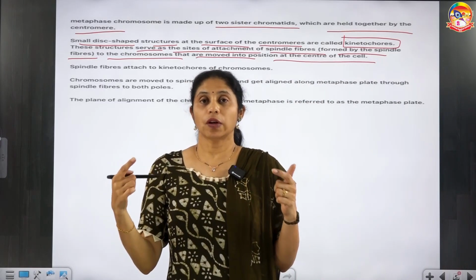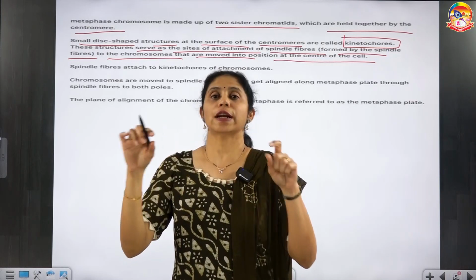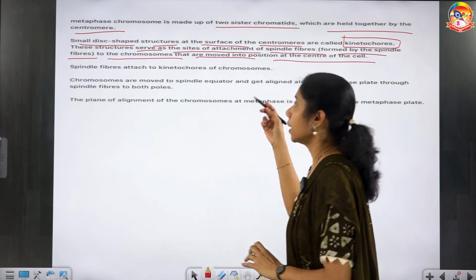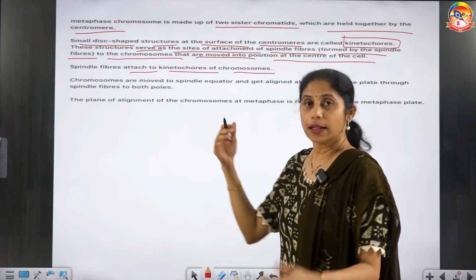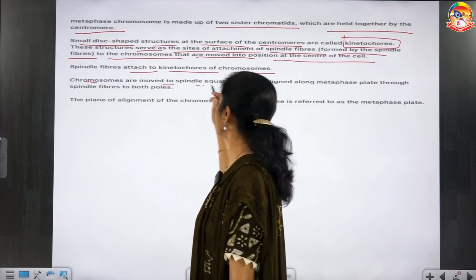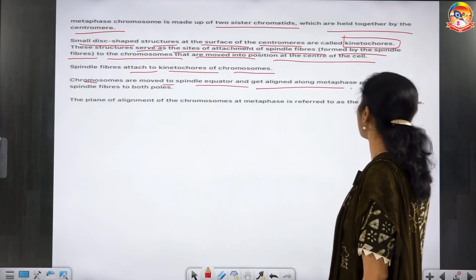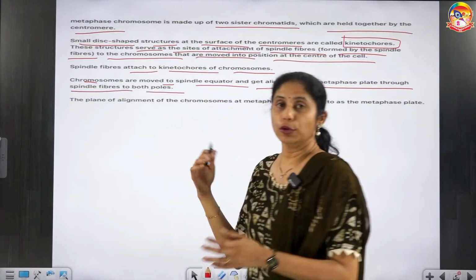So spindle fibers will come and attach to the kinetochores and they will move the chromosomes to the center of the cell. Chromosomes are moved to the spindle equator and get aligned along the metaphase plate through the spindle fibers to both the poles.